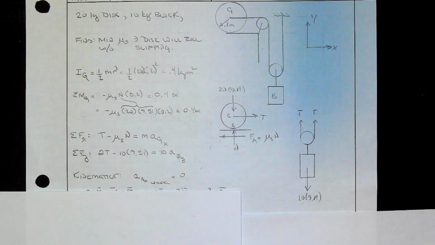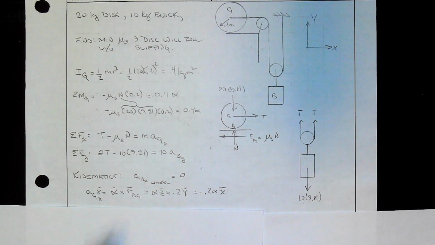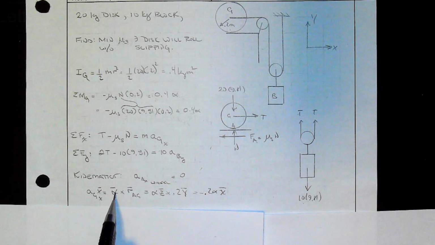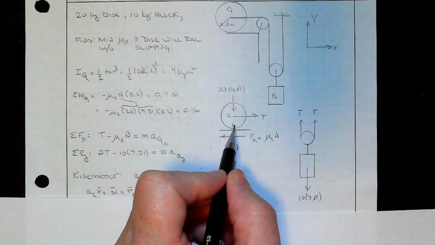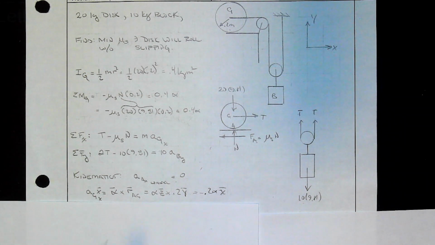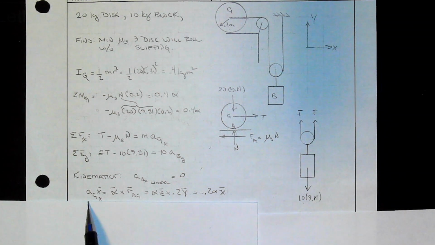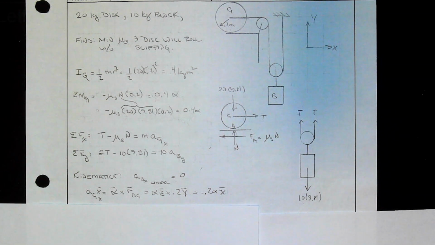So what's the acceleration of G in the x? Well, we've done that before. a_Gx would be nothing more than alpha cross r from A to G. So that's very nice because it relates a_Gx, one of our unknowns above, to alpha. So if we find a_Gx, we get alpha, and if we get alpha, we get a_Gx. So one more equation with no more unknowns. That's great.